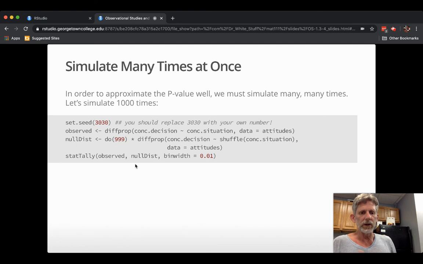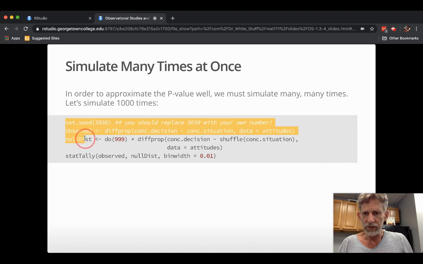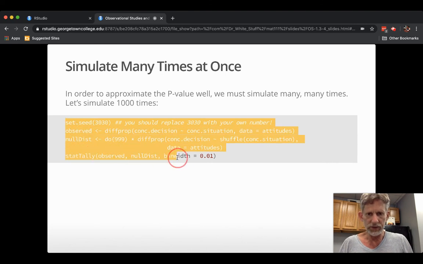But to nail that down, we should have the computer repeat that whole process, all the way from the shuffling to the difference of proportions, a lot of times. And so let's give that a try here. This code will do this for us. So we're going to run it right now and then explain parts of it a little bit more.